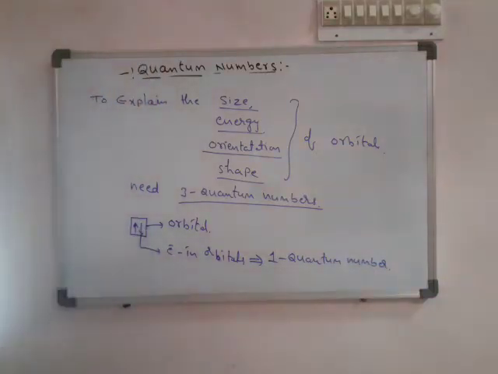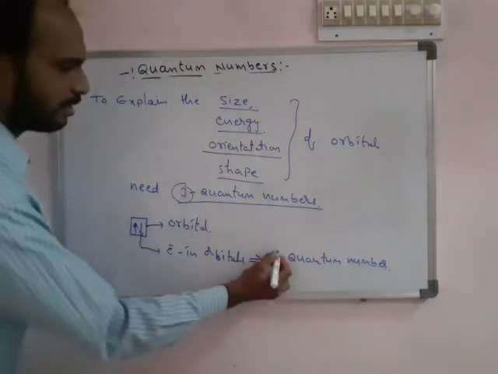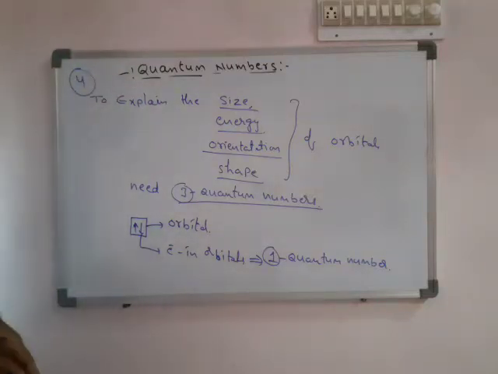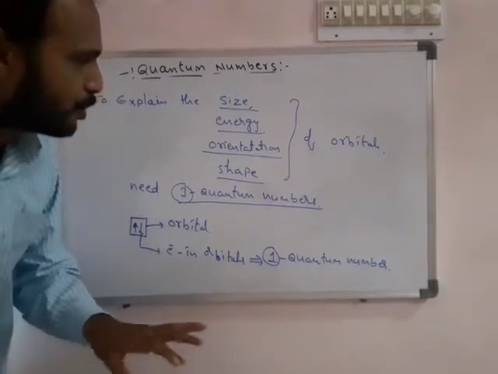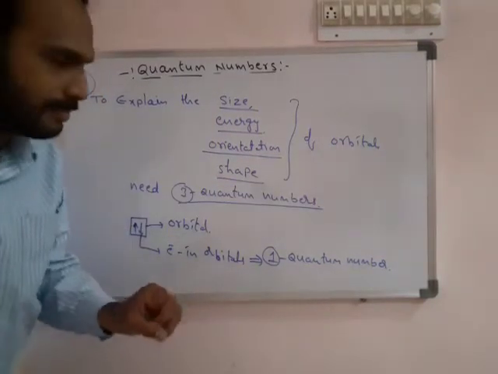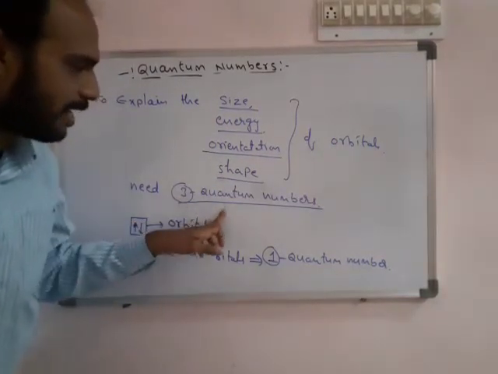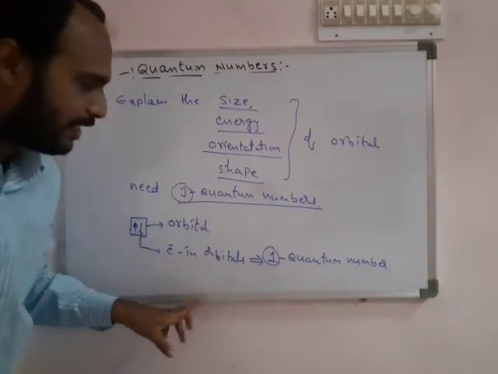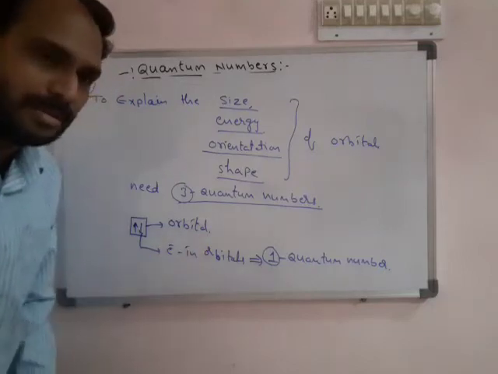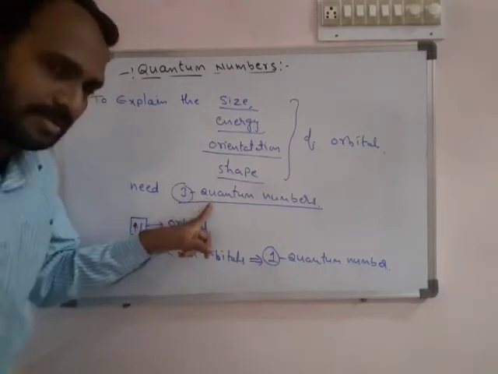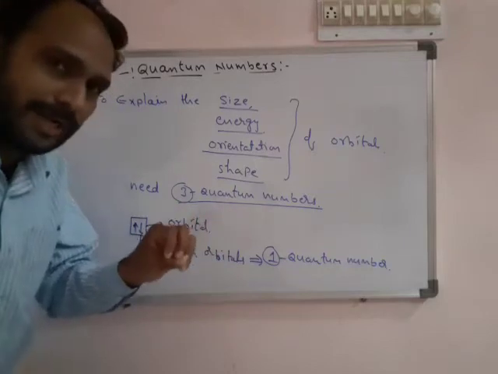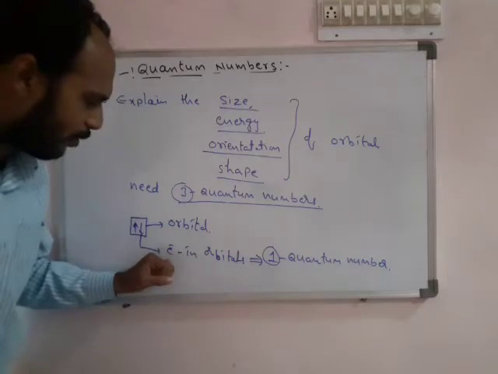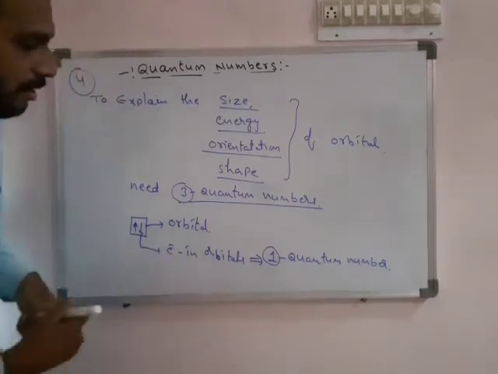Now totally how many quantum numbers? It becomes 3 plus 1, so now 4 quantum numbers. To know about the orbitals, we need 3 quantum numbers, but to explain an electron, we need 4. With three quantum numbers we have some idea about the electrons, but to explain the electron fully, we need an extra quantum number.